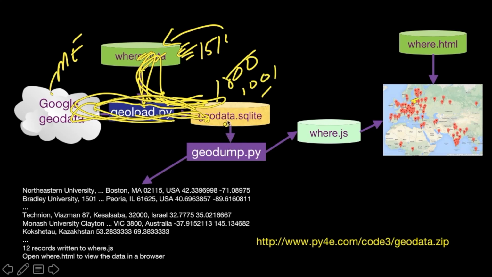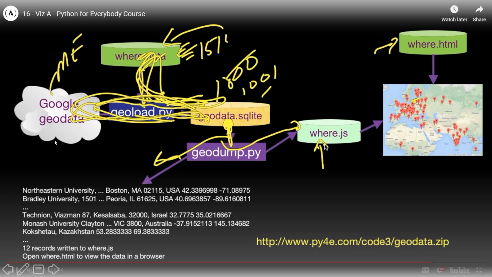It just does a select and reads through the stuff, and it prints out some summary information and tells you what to do. It also prints out, and you'll see this pattern, because I'm visualizing using browsers, HTML, and this happens to be using the Google Maps API, and putting all the data in a little JavaScript file. So these end up being assignment statements in JavaScript. You can take a look at that file, and all the data shows up as assignment.